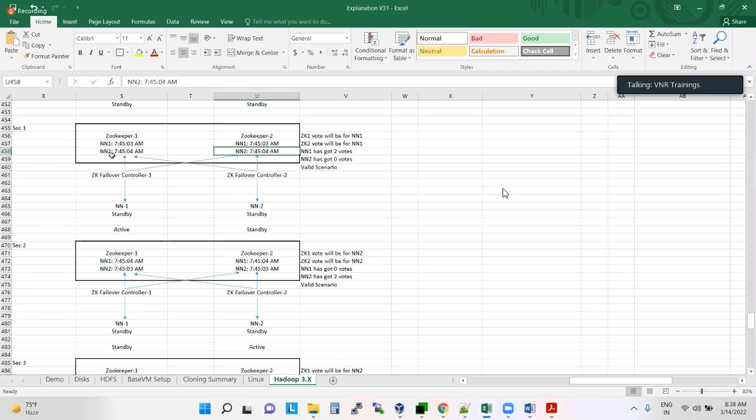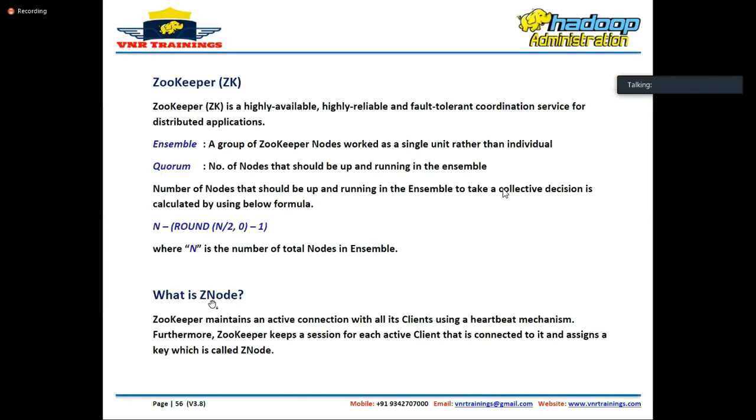So based on failover controller 1's arrival, zookeeper will give a token number. Based on failover controller 2's arrival, zookeeper will give a token number. Based on these token numbers, they will decide who came to me first and who came to me late. Got it? So that is G node.